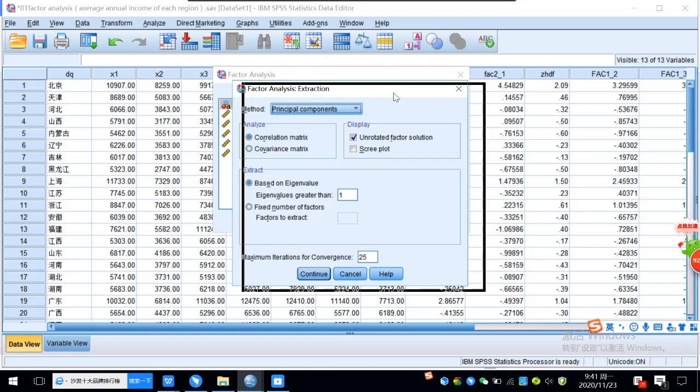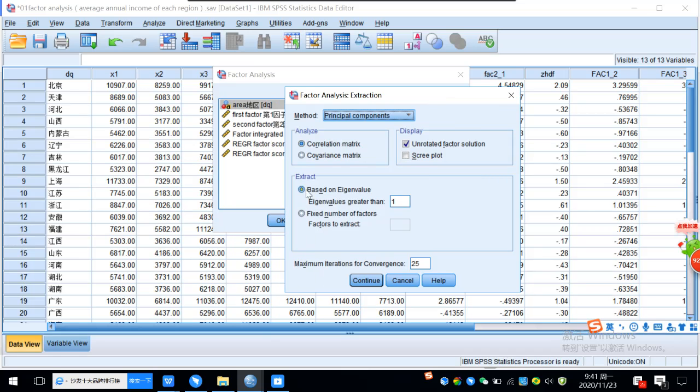Now we want to extract a fixed number of factors. So please select here, fixed number of factors. Factors to extract, please input the number 2. Now it's 2. We want to extract 2 factors, so here I input 2.